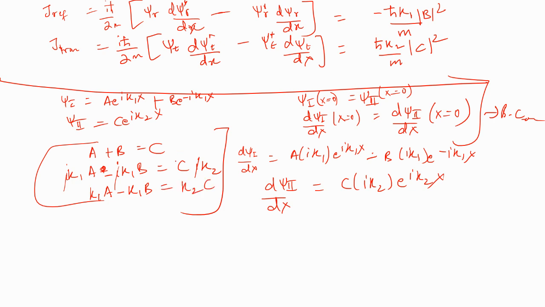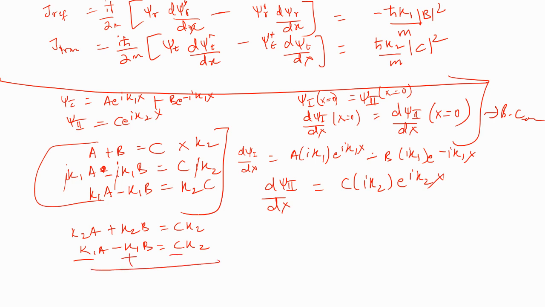So if I have to find out B, what will I do? I'll multiply the first equation with k2, right? So it will give me k2 a plus k2 b equals c k2, and k1 a minus k1 b is equal to c k2. Subtracting, k2 minus k1 times a plus k2 plus k1 times b is equal to 0.